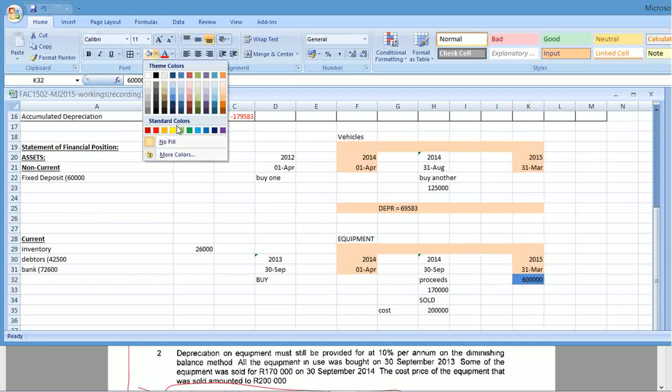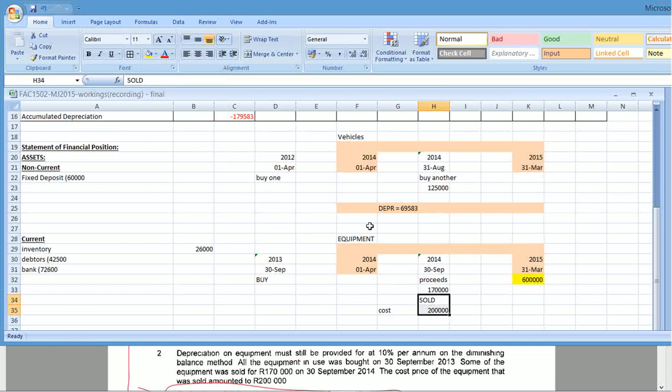That is the cost at the end. They told us we sold some during. So that means if I sold some during, I would have started with 800,000. That's how much I would have started with in terms of costs. So I ended with 600. I sold 200 during the year, so I must have started with 800,000.